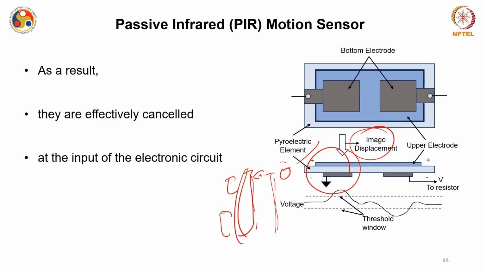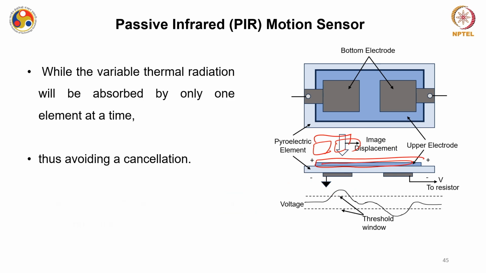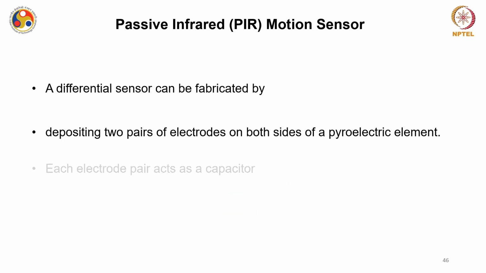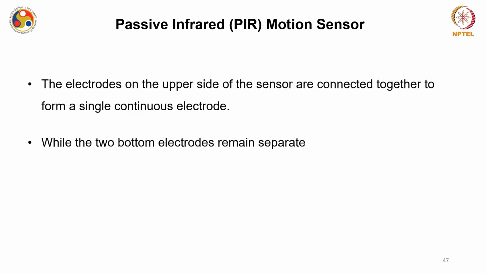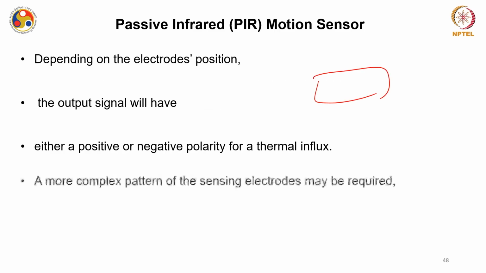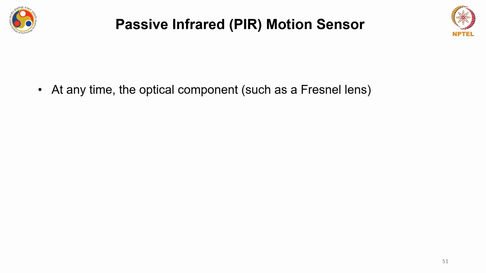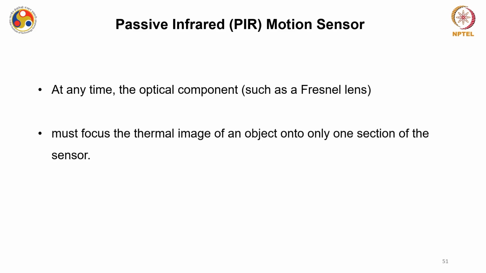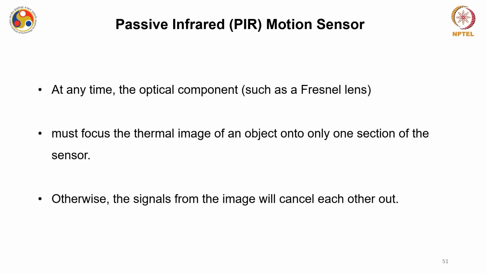Now you should have some lenses, mostly Fresnel lenses are used for this, so that it can focus on only one element at a time. At any time the optical component, basically a Fresnel lens, must focus the thermal image of the object onto only one section of the sensor, otherwise the signals from the image will cancel each other.